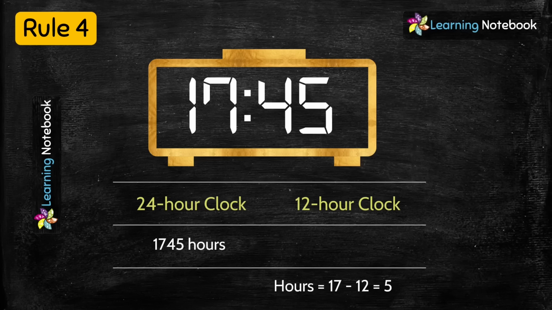Now to calculate hours, we will simply do 17 minus 12, which is equals to 5. So time will be 5:45 PM according to 12-hour clock.